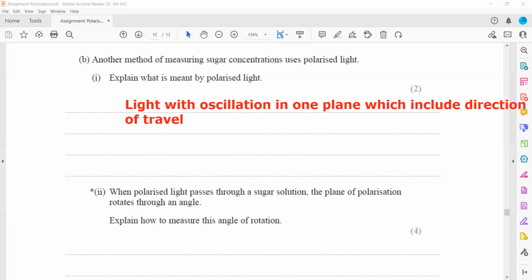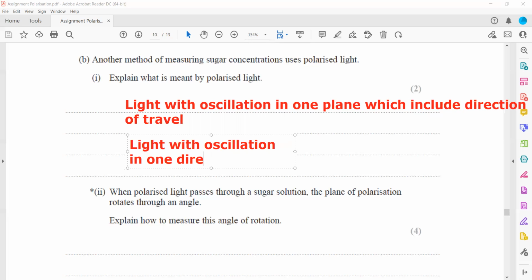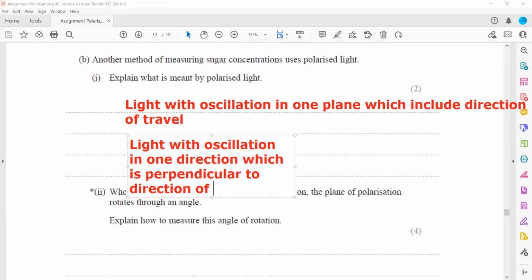So if you use the term direction, then light with oscillation or vibration in one direction which is perpendicular to the direction of travel, or the direction in which the wave travels.